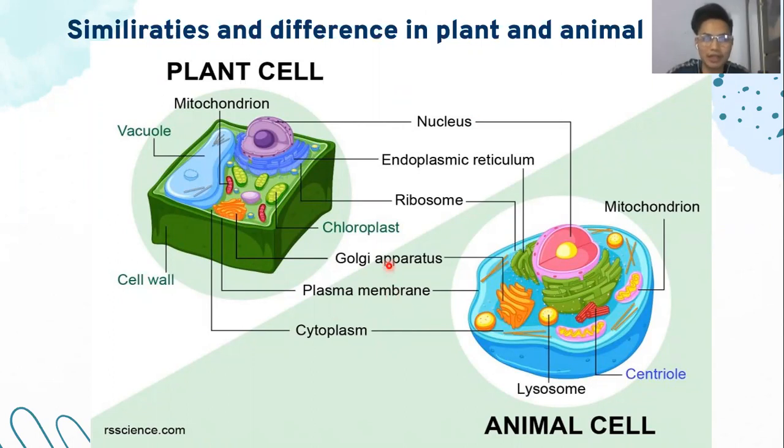In the plant cell, you can see chloroplast, cell wall, and large vacuole. However, you cannot see chloroplast and cell wall in animal cells.